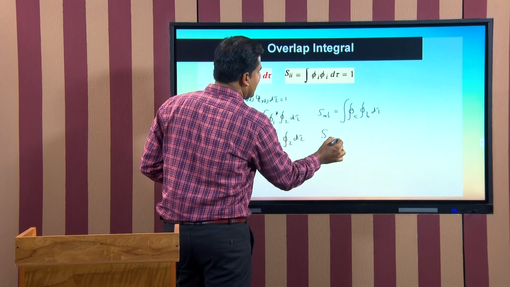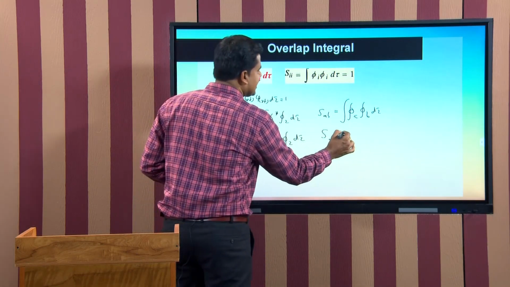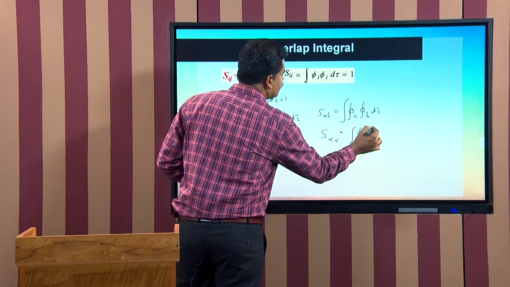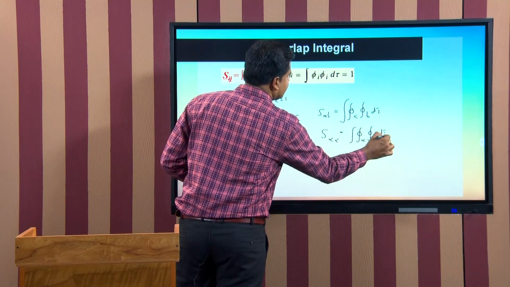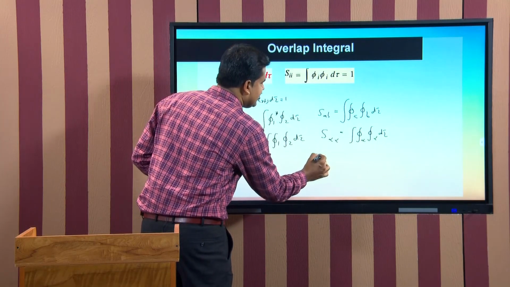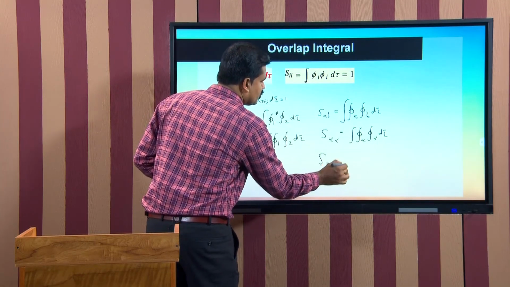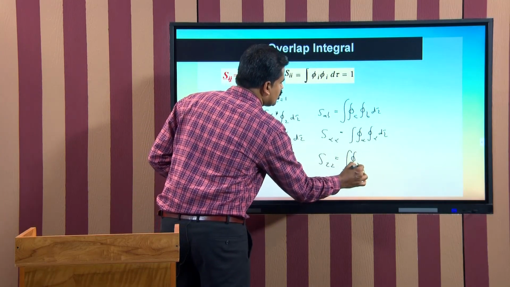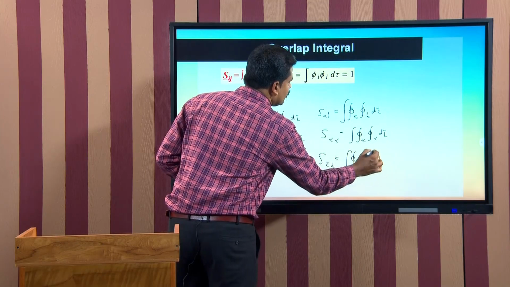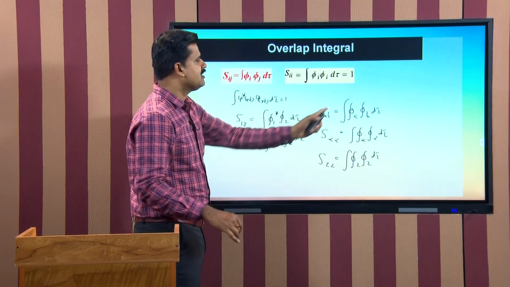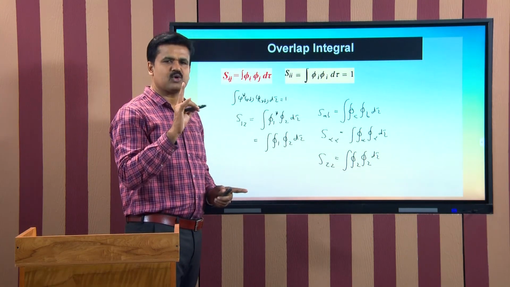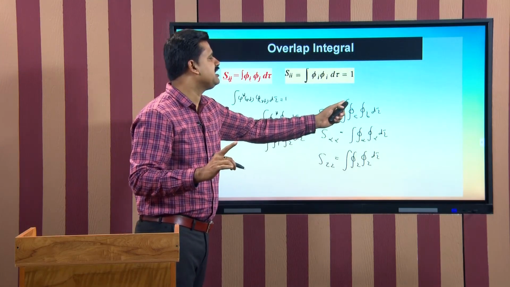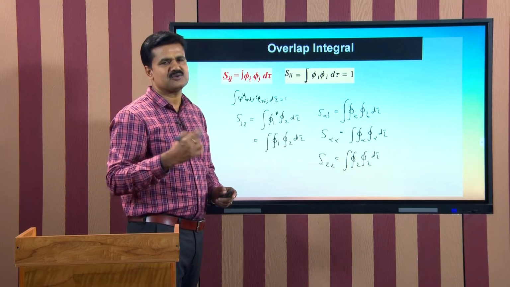S alpha alpha can be represented like this: integral phi alpha squared d tau. And S22 can be represented like this: integral phi 2 squared d tau. Here the first function is actually the complex conjugate, but we are discussing real functions, therefore we need not represent the star or complex conjugate sign.